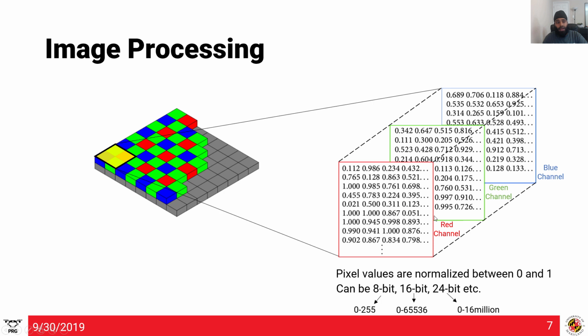This 1 pixel on your image shows these values. Let's say this 1 pixel in this case has 0.112 in the red channel, 0.342 in the green channel, and 0.689 in the blue channel. Notice that these values, in these matrices that you're seeing, are normalized between 0 and 1. But these can also be 8-bit, 16-bit, or 24-bit.